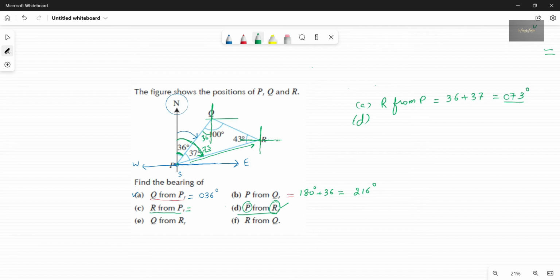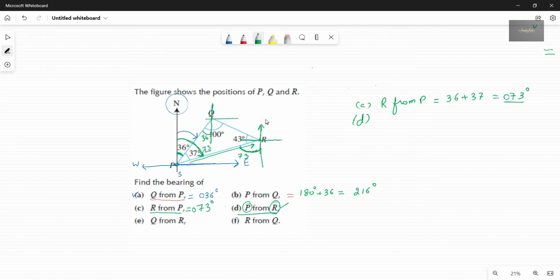You see that R from P was calculated as 73 degrees, I mean 073, right? It is marked here. Now this 73 is starting from the line of north, which is the vertical line, and it makes a 73-degree angle with the line PR. Similarly, the PR line will make the same angle with this vertical line. So you can shift it here. It will be 73. Now the bearing, you will follow my words.